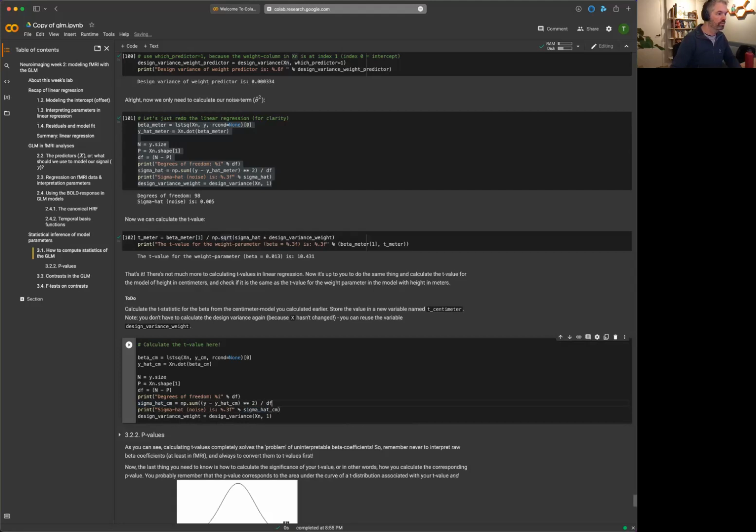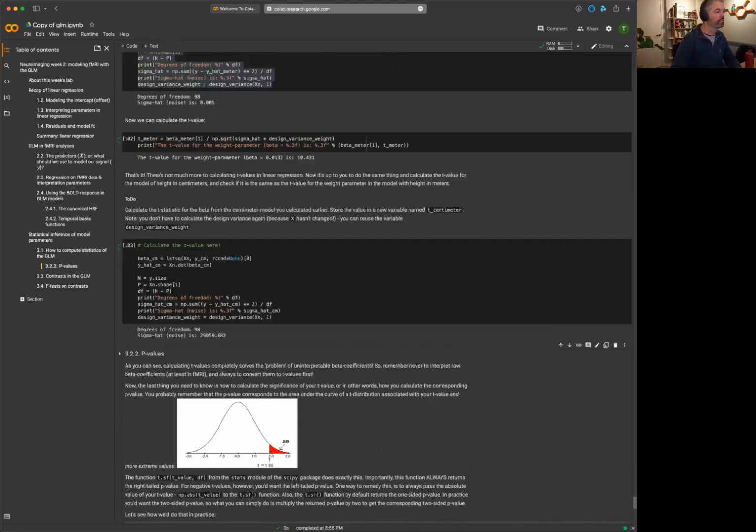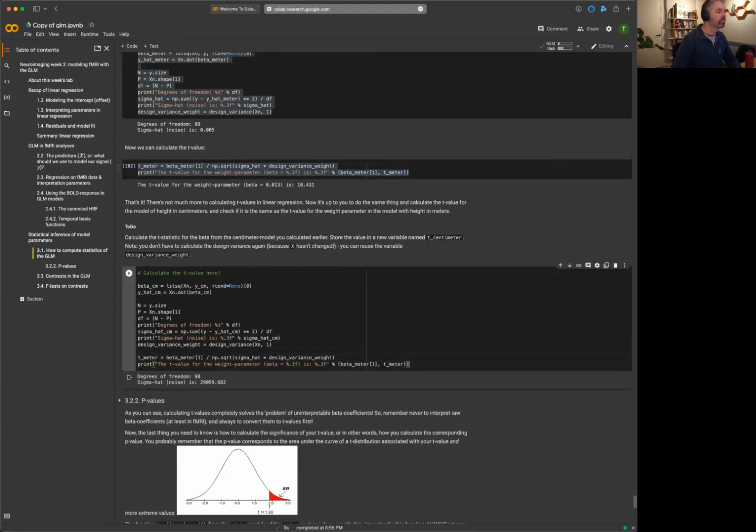In order for us to remain there. Yeah, so now we have the design variance. And we want to make this centimeter.